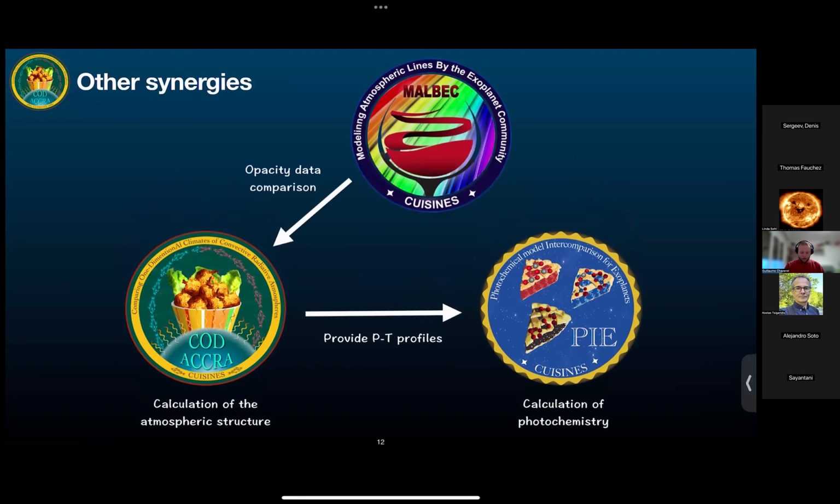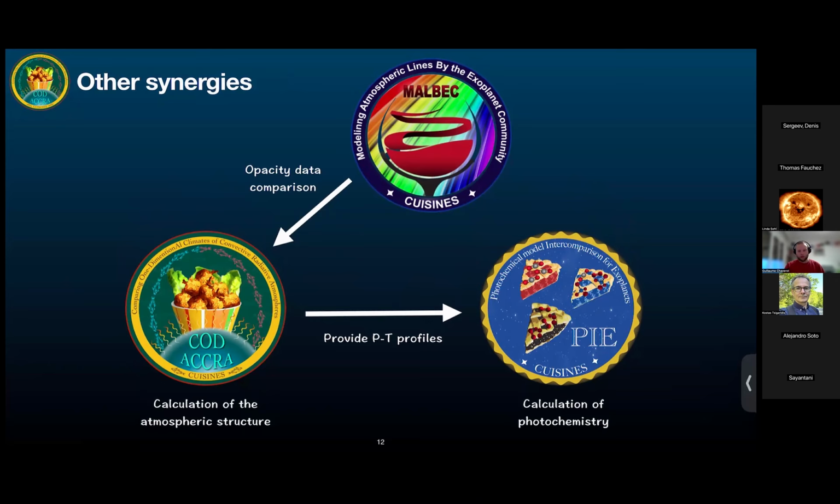There is also maybe another possible collaboration, because in COD ACCRA we talked about differences in the opacity data we use, and one question was whether we would like to compare the opacity data directly or not, because it's quite a huge task, and it's also kind of a Pandora's box.